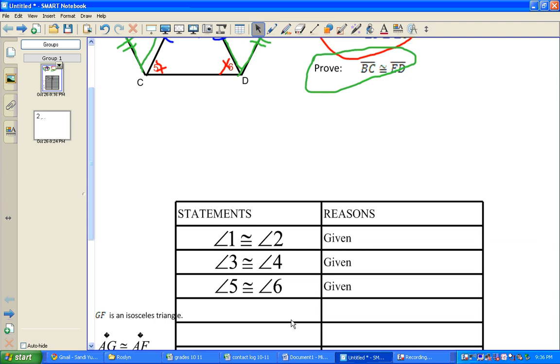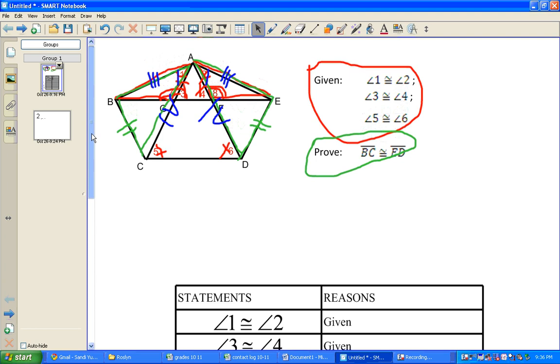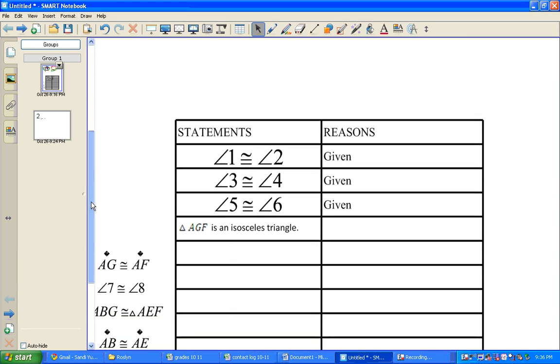Now, as we mentioned before, next one would have been this one. Triangle AGF is an isosceles triangle. You see the small red triangle right over here? AGF. Why? Because of the angle 3 and 4.